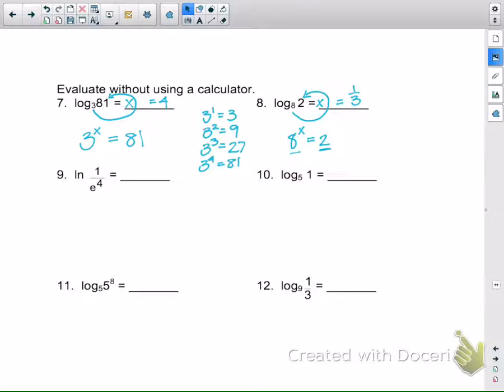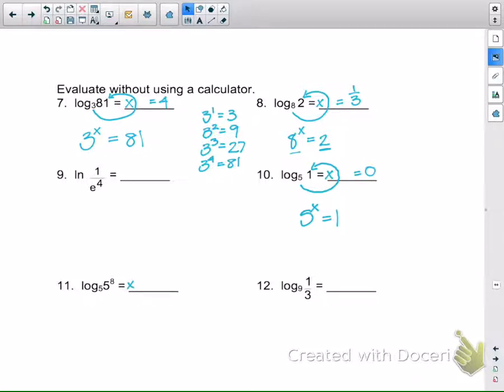I'm going to skip 9 for right now, and we're going to go to 10. If I was doing the same thing on 10, this is a nice easy one for us. 5 to the what power gives me 1? 0. Anything to the 0 power is 1. Good. Now 11 is going to show us another log rule real quick. If I don't know what this is equal to, I make it equal to x.